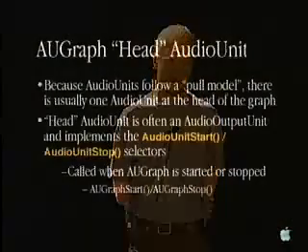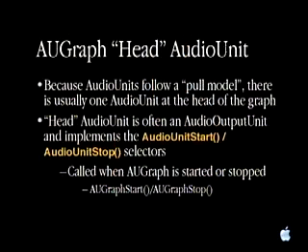So a little bit earlier, I tried to explain the notion of this head audio unit in a graph. In a very simple case, you would have a chain of audio units. Say you might have three. First one connected to the second, connected to the last one, the third audio unit, which is maybe an output device. And this last one represents the head of the graph.